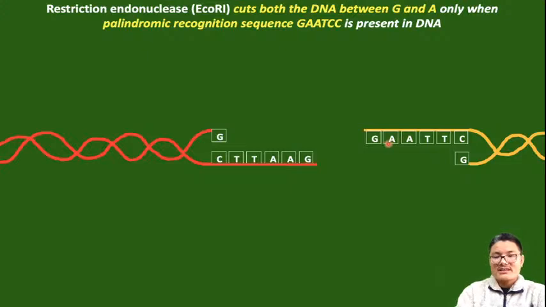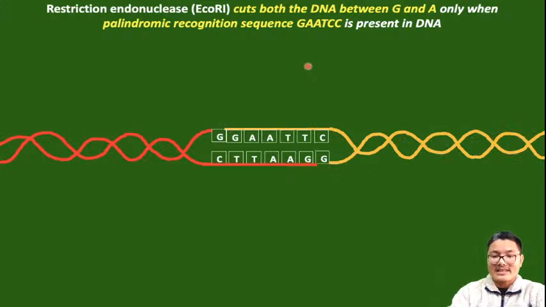Same is the case, genetic engineers produce sticky ends by using restriction endonucleases and cutting in between, and later they will join with the help of ligase enzyme, and that forms a new recombinant DNA, newly constructed DNA, which has foreign DNA and the vector DNA.